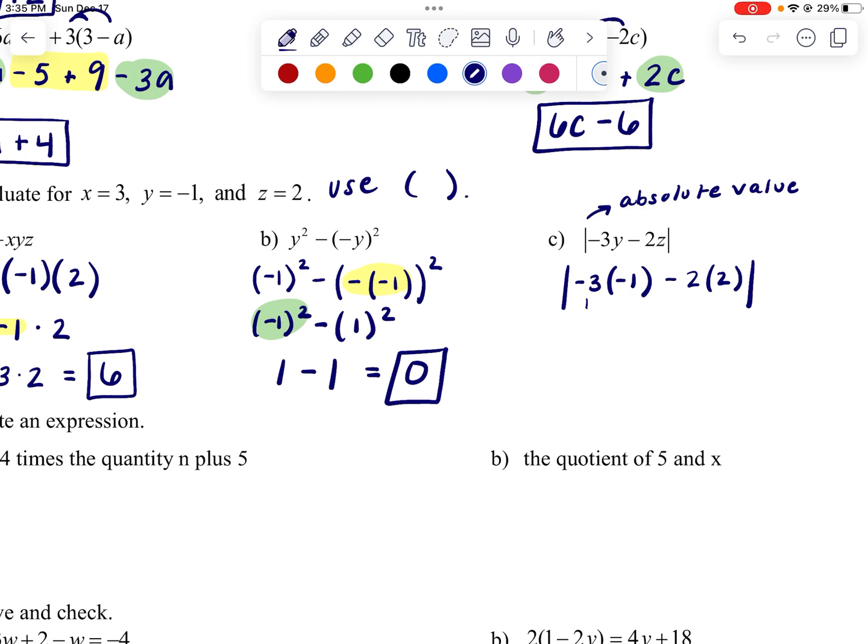And then I'm going to simplify. So negative 3 and negative 1 is positive 3. Negative 2 times 2 is negative 4. 3 minus 4 is negative 1. And the absolute value of negative 1 always comes out to be the positive number, which is 1.